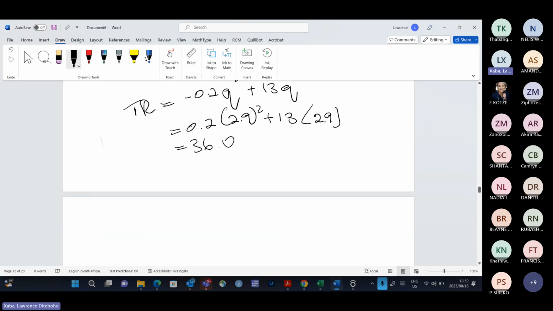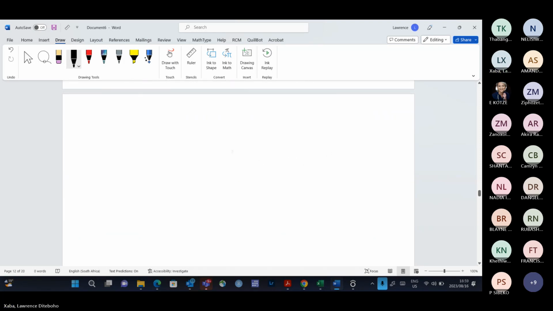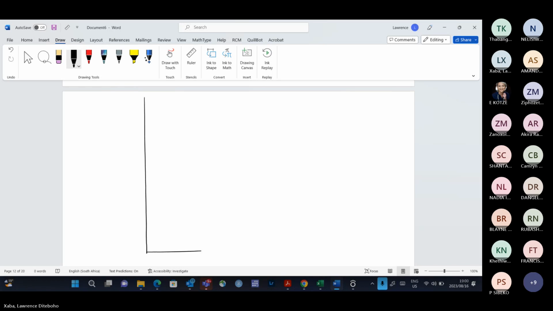Okay, let's go a bit back. Let's do our graph quickly. I want to check something. We have Q this side, and we have TR and we have TC.